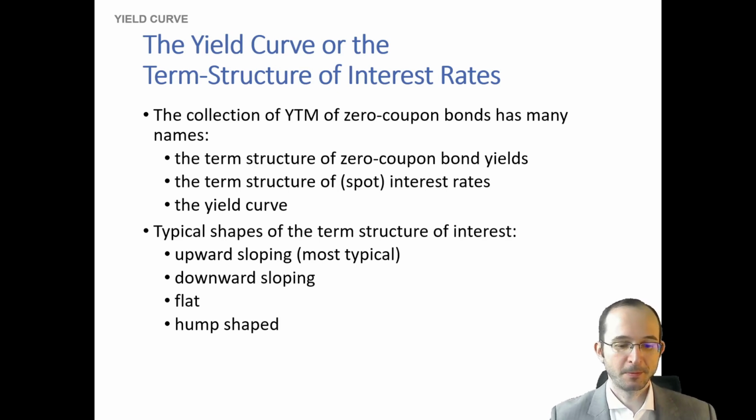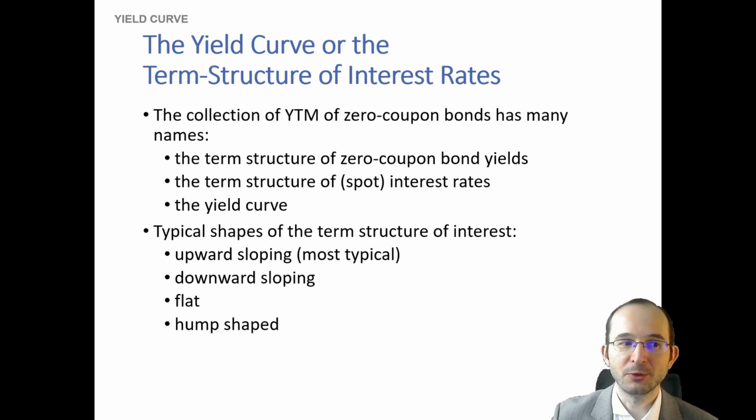So this collection of yields to maturity across different maturities can be called the term structure of bond yields, the term structure of spot interest rates, because remember, since all of these yields are based on prices that we observe now, these are spot rates, rates that are available right now, or the yield curve.